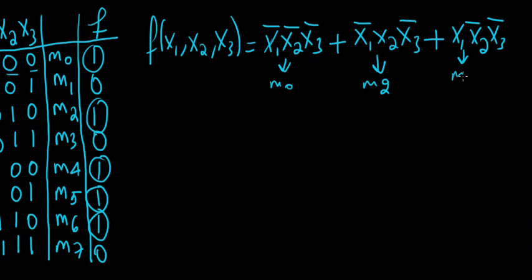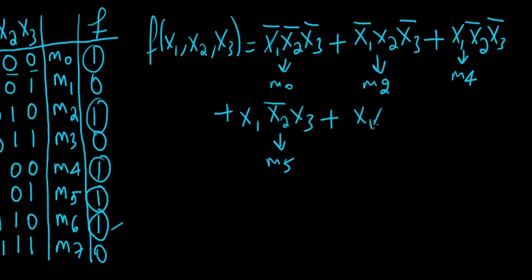Then my minterm 5 is x1, x2 bar, x3, and my minterm 6, which will be my final one, is x1, x2, x3 bar. Now this is the full-blown function.